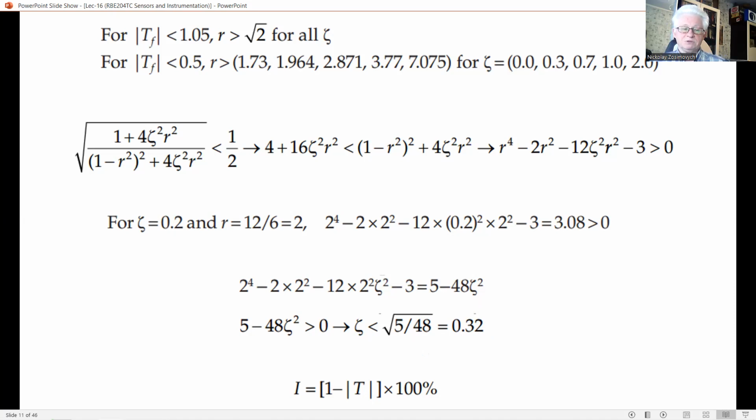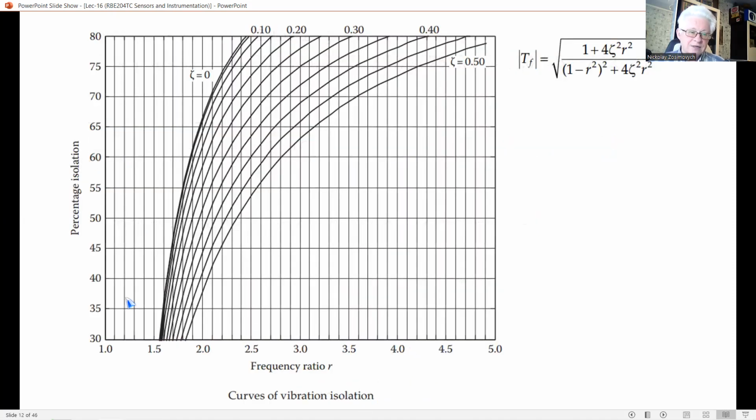In design problems of vibration isolation, what is normally specified is the percentage isolation, as given by this bottom expression: I for isolation equals the absolute value of 1 minus the absolute value of T, all times 100%. For our equation, exactly here on the top, this corresponds to I in this diagram.